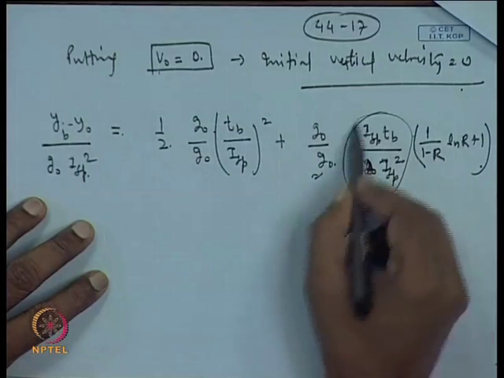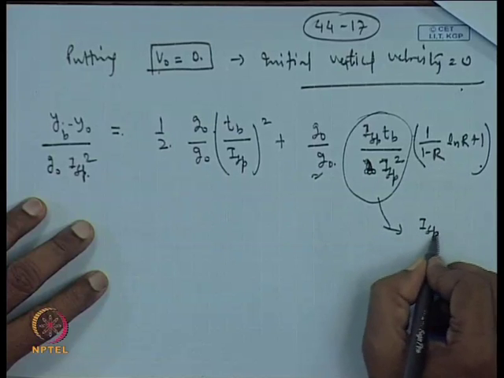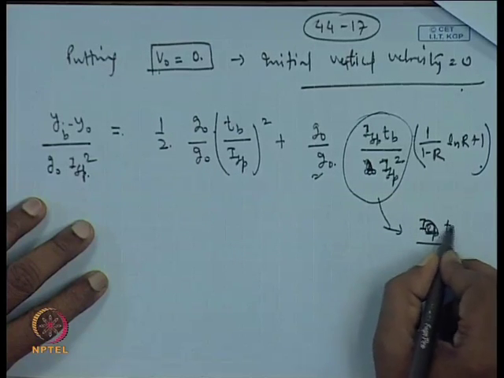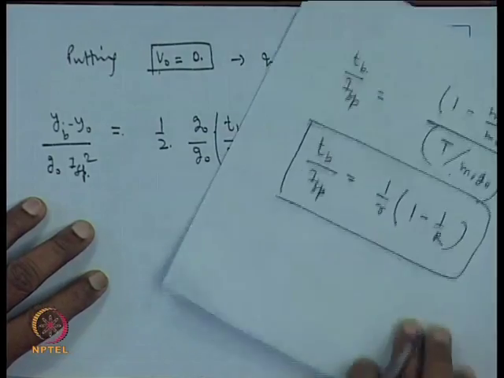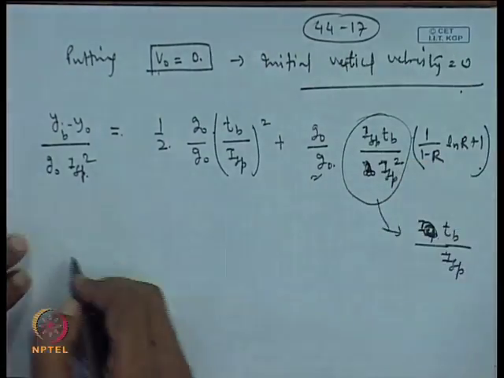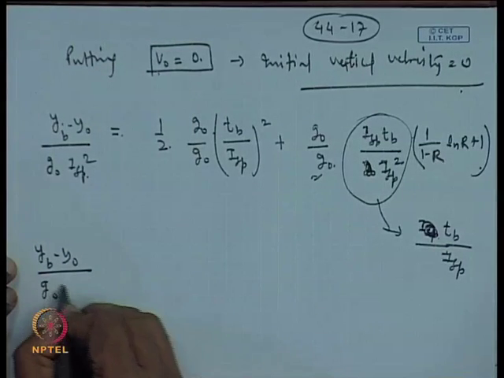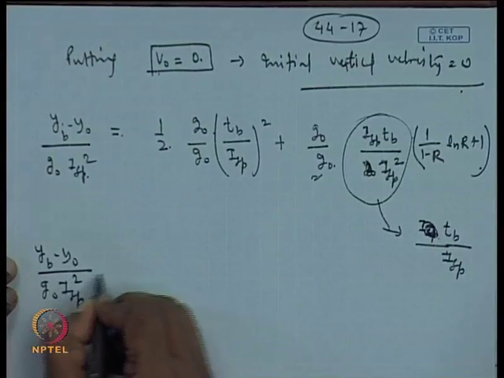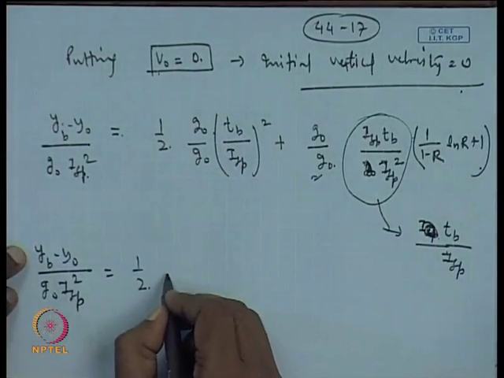Okay, so the quantity which is present here is nothing but T b by I s p, and T b by I s p we have just now derived here in this place. So, we just need to insert it in this place. So, y b minus y 0 by z 0 equals 1 by 2 times T b by I s p square.